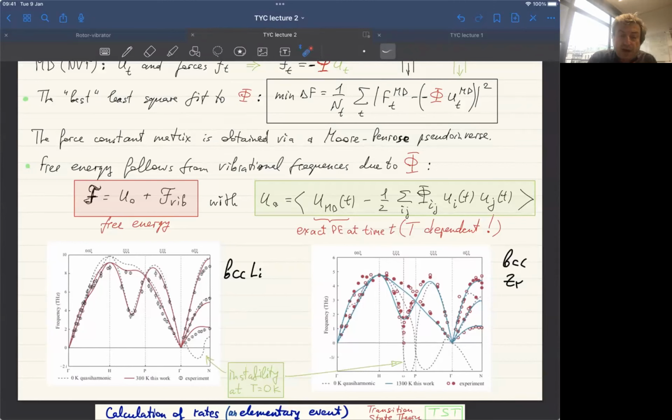So if you perform a calculation for the structure which is minimized at zero temperature, the vibrations contain imaginary frequencies, and this is what is shown here. However, if you perform this procedure properly by accounting for the thermal expansion of the system, then at 300 K, so this is the red curve, you have a very good agreement with the experiment.